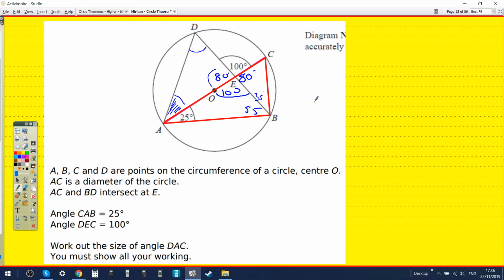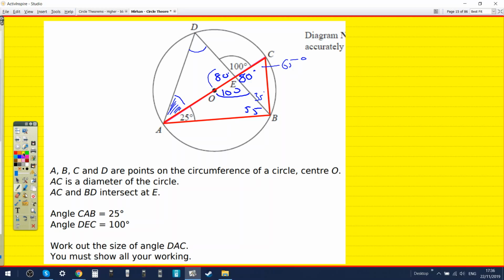Oh yes, I don't remember the name, the Z angle. So is angle D also 35? No. Could you get this one here, the C? Yeah. Uh, 65. So it'll be 65.